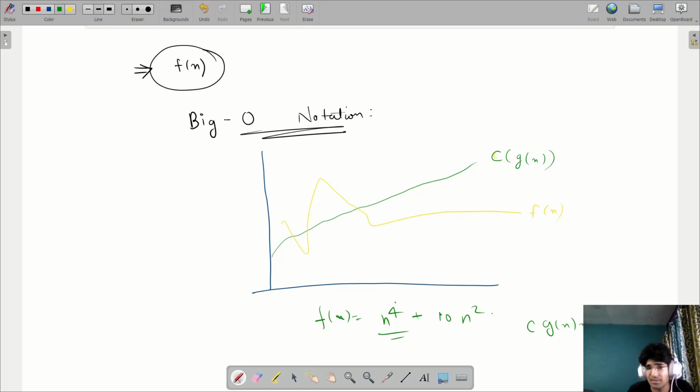So that means g(n) gives the maximum rate of growth for f(n) at larger values of n, as the values increase. Let us see O notation in a little more detail.